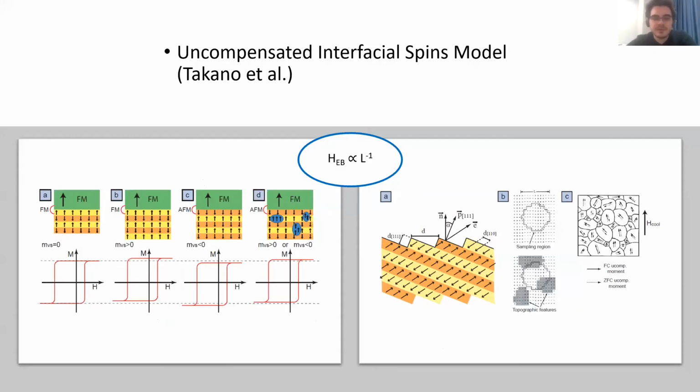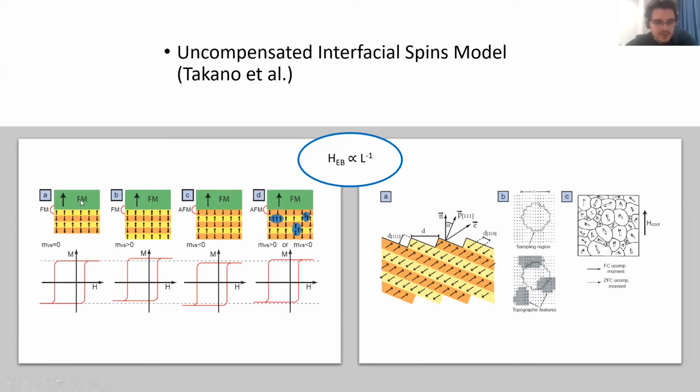Another effect that affects the exchange characteristics of our materials is the uncompensated interfacial spin model. Exchange bias, in theoretical models and experiments, generally depends on grain size. The exchange field is proportional to 1 over L, where L denotes the average grain diameter.